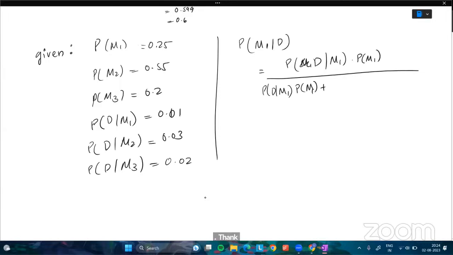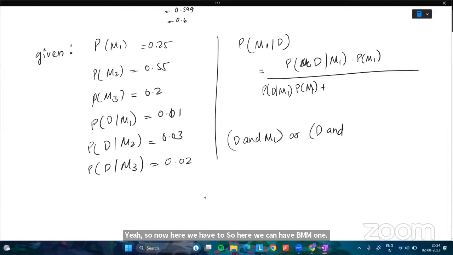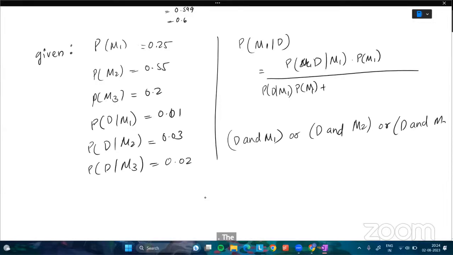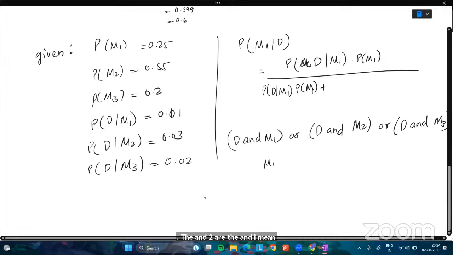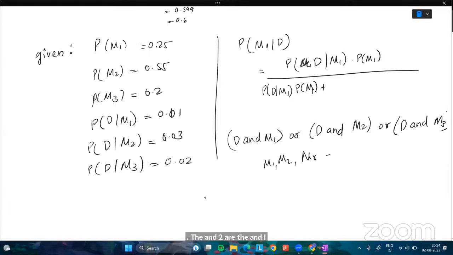plus, so here we can have B and M1 or B and M2 or B and M3, right? And we know that M1, M2, and M3 are distinct and disjoint. And we know that together they make up the whole thing.